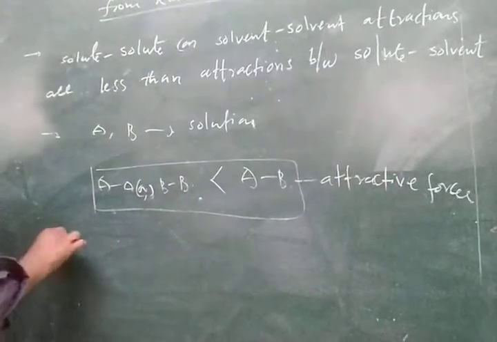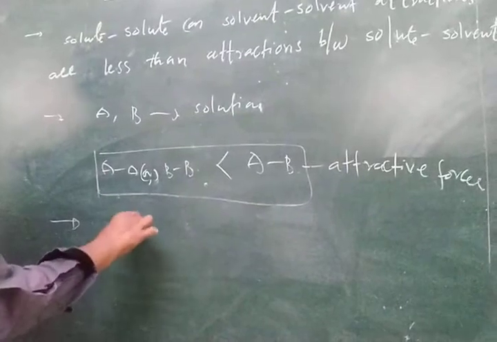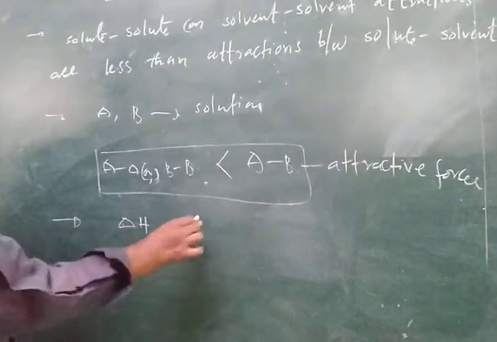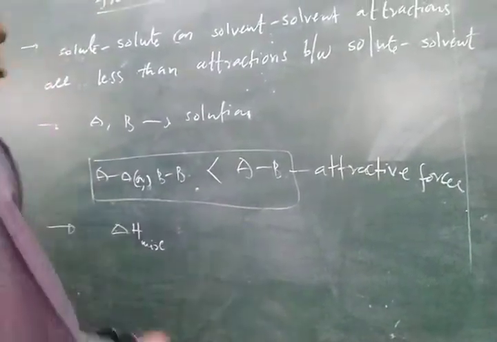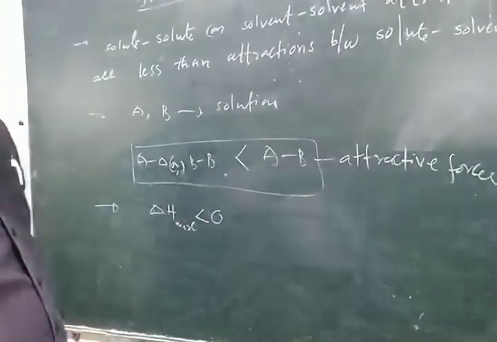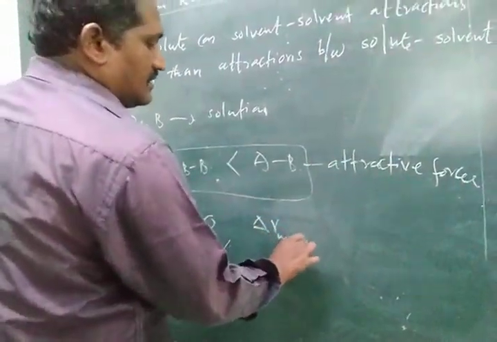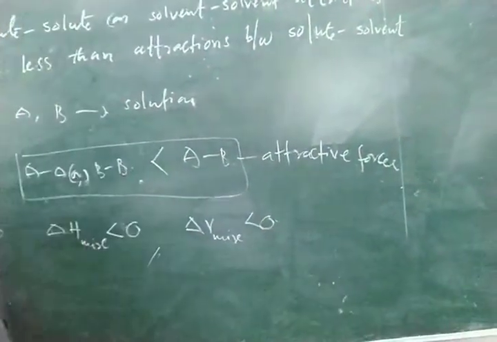In this type of solutions, delta H mixing, the heat of mixing, is less than 0, and delta V mixing is also less than 0.